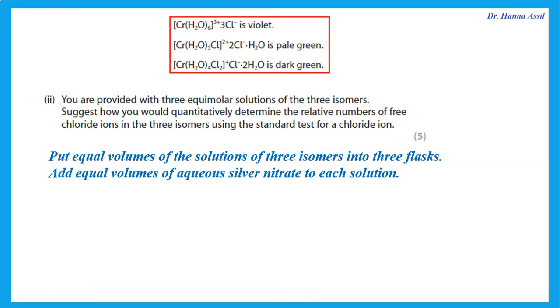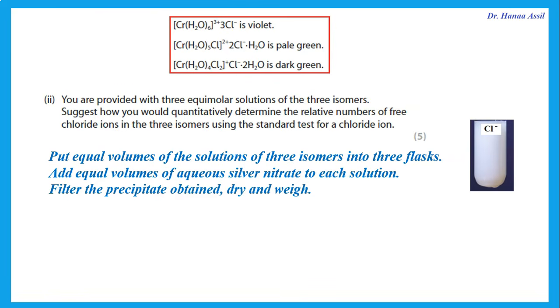If I add equal volumes of silver nitrate solution, the chloride ions give a white precipitate, and the amount of precipitate obtained is relative to the number of chloride ions. So we filter that precipitate, dry, weigh, and calculate the number of moles of silver chloride formed, and from that we can determine how many chloride ions there were in each of these.